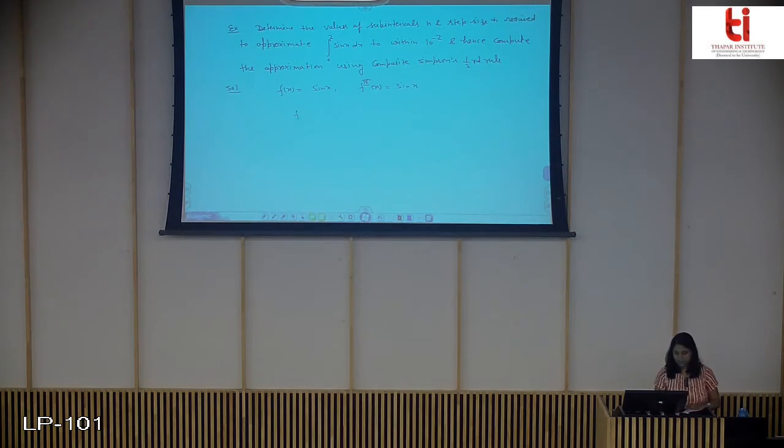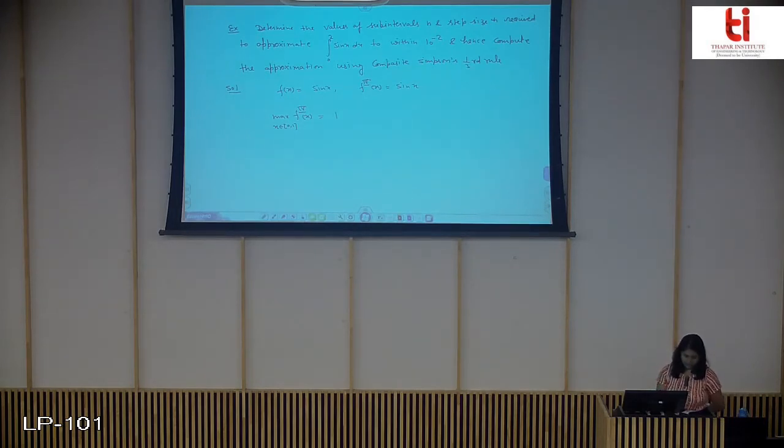So what is the maximum value of the function for x belonging to 0 to 2? The maximum value of sin x is 1, so we can take it, because sin cannot have a value more than one.